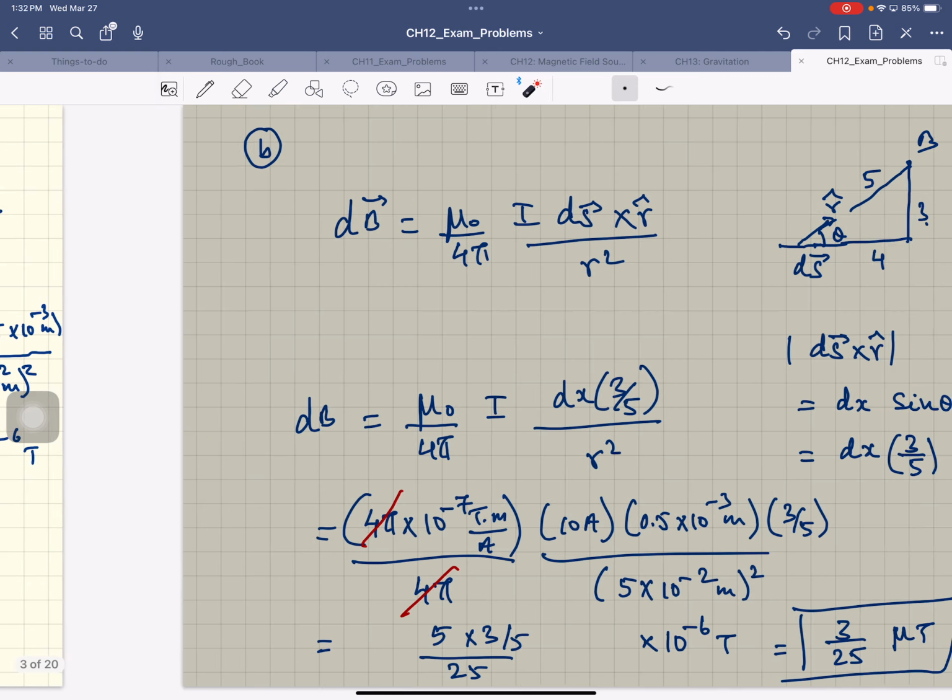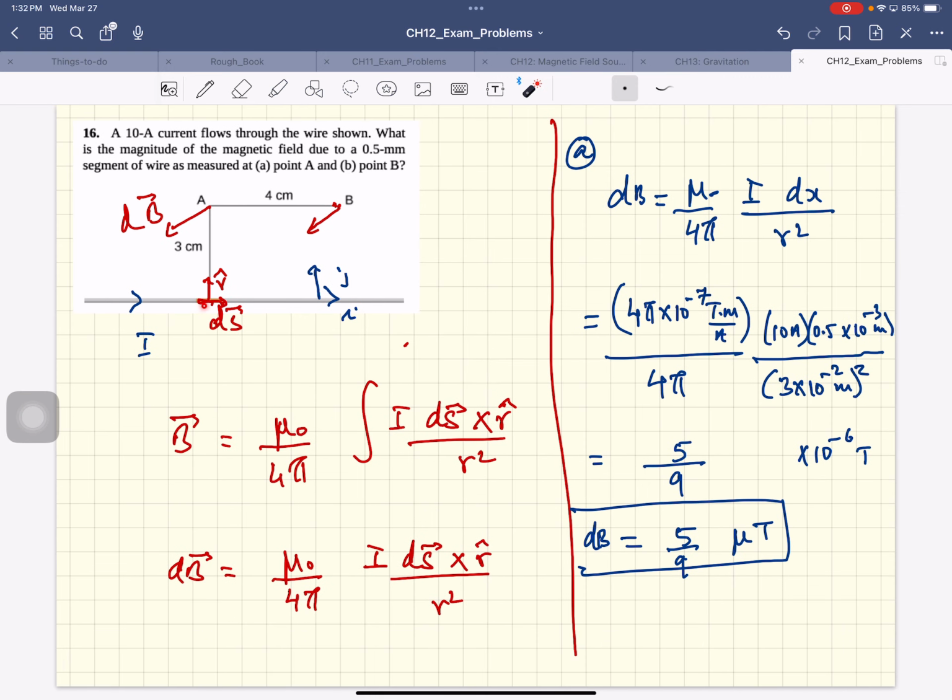Coming back to this ds element, what is the field due to this guy at this point? It is 0, because r hat would be pointing in the same direction, and ds cross r hat would be 0.